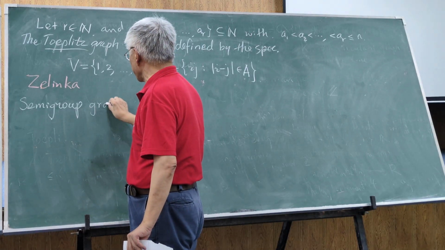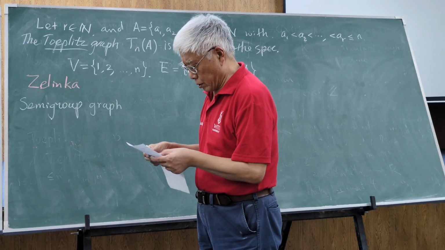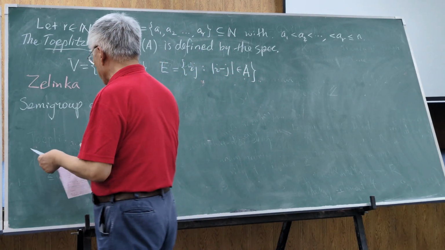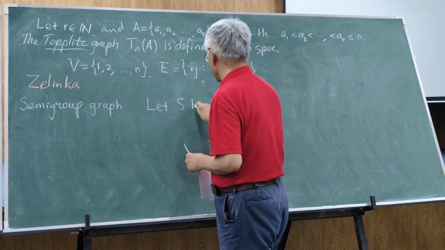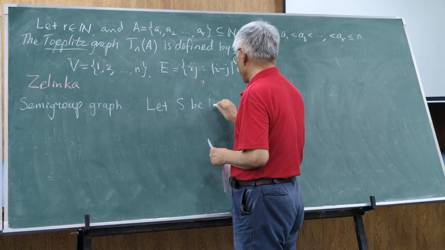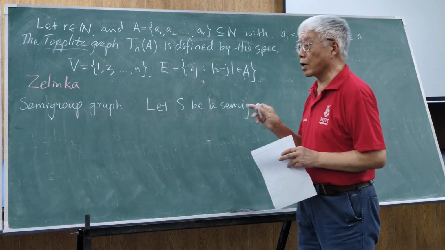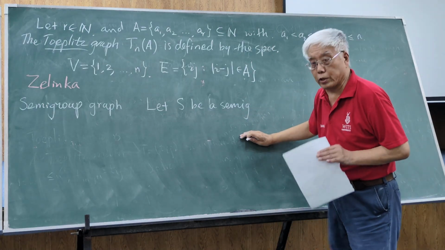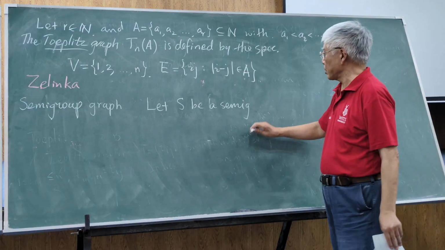So we're going to define something called the semigroup graph. This is my definition. Let S be a semigroup. It has a binary operation which is associative. Nothing else we assume.